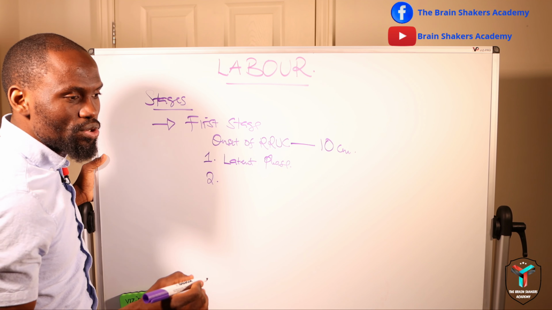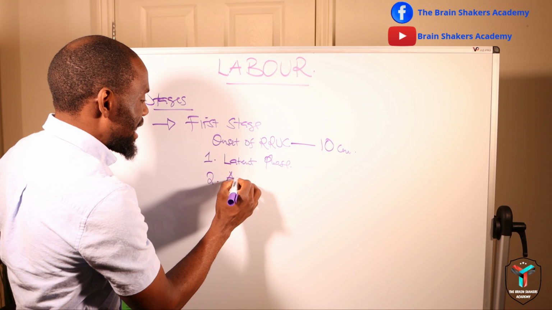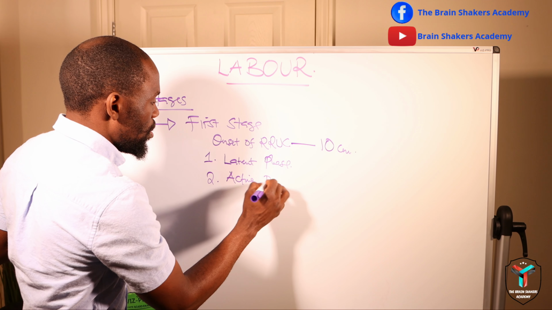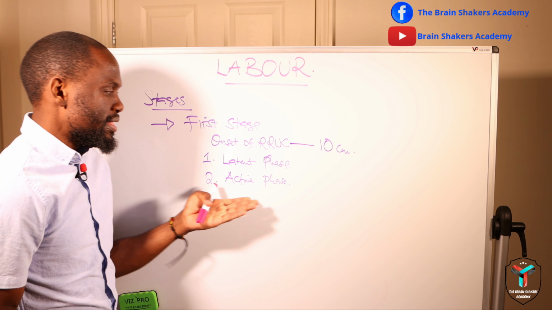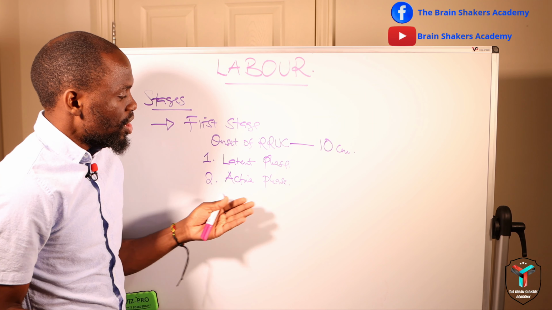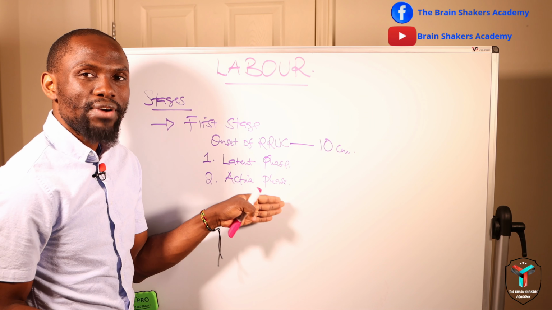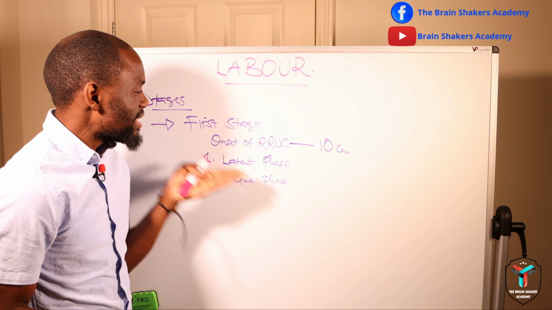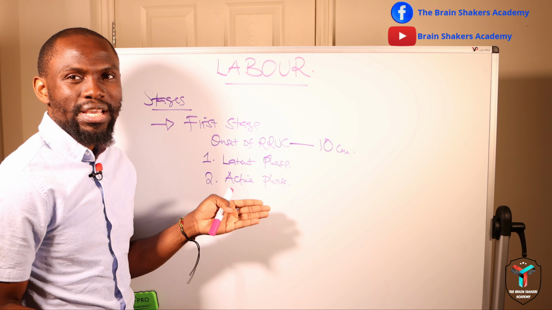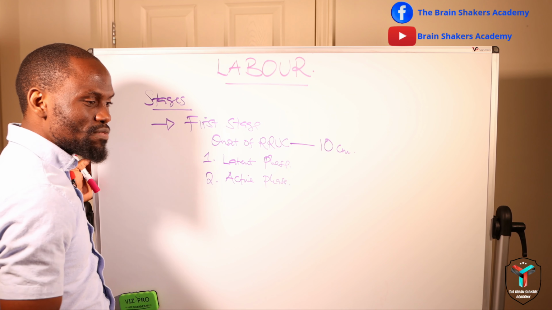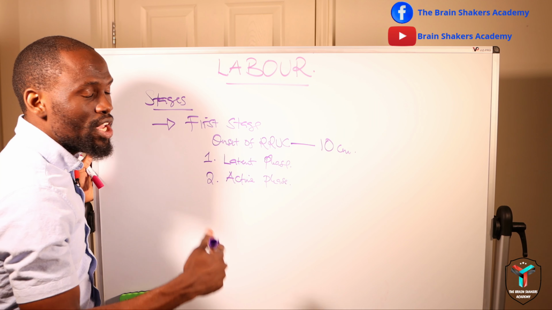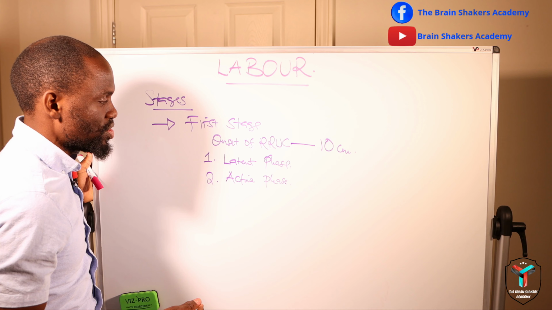And then number two is what we call the active phase of the first stage of labor. Now, the active phase then would also give rise to another phase in the first stage that we call the transitional stage, which is merely just moving from the first stage to the second stage of labor.